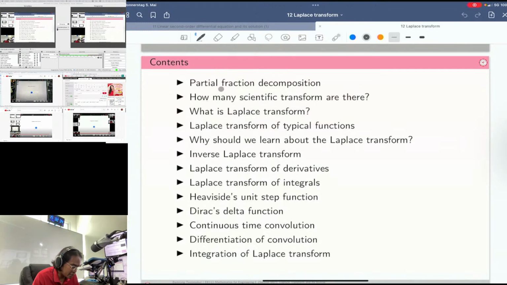First things first, you need to have some ability in partial fraction decomposition, and we will talk about how many transforms there are. Okay, it's a new thing.